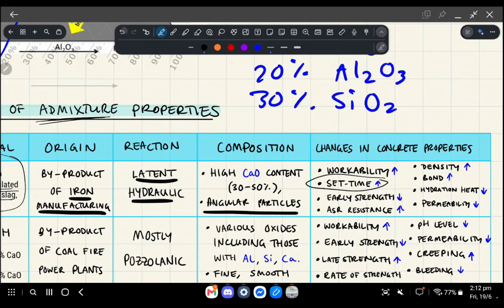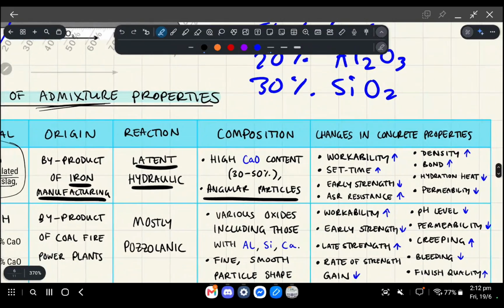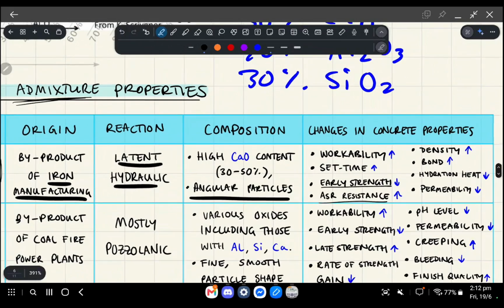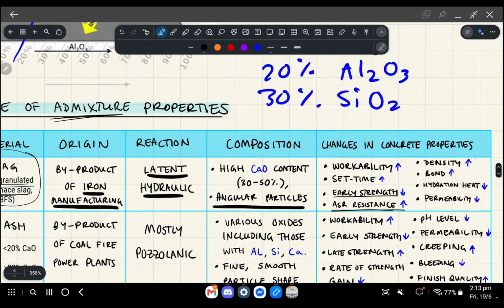It increases the set time, which is generally not good. It reduces the early strength, which is generally not good. The acid sulfate reaction resistance is increased, which is generally good. It makes your concrete more dense in the end. It increases the bond, which is generally good.